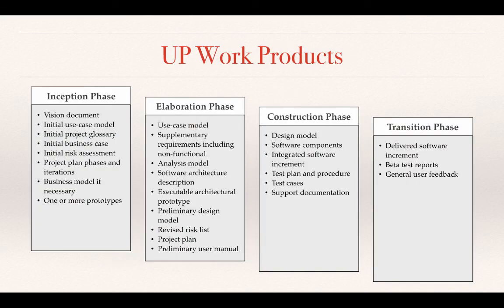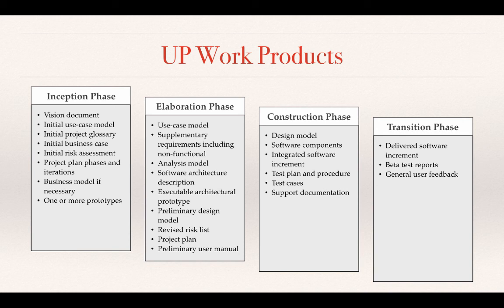Now, this is an informative slide indicating the work products delivered in each phase of the unified process. Looking at this list of work products, I would say that it's fairly accurate. The inception phase is primarily about making the business case to proceed with the project. The elaboration phase work products could be a bit misleading because it talks about supplementary requirements.